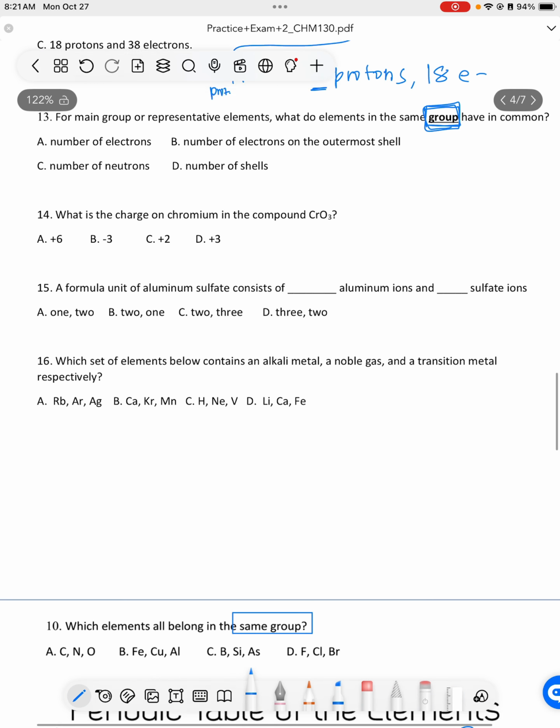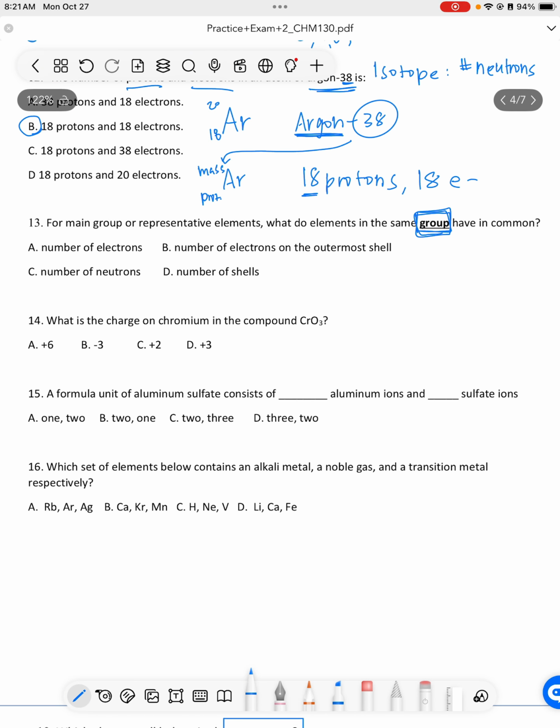And it wants to know, what do these have in common? What do they share? They share something very special and easy for us to figure out what their charge is when they are an ion. And that is the number of electrons on their outermost shell. And remember that the outermost shell is called the valence shell.